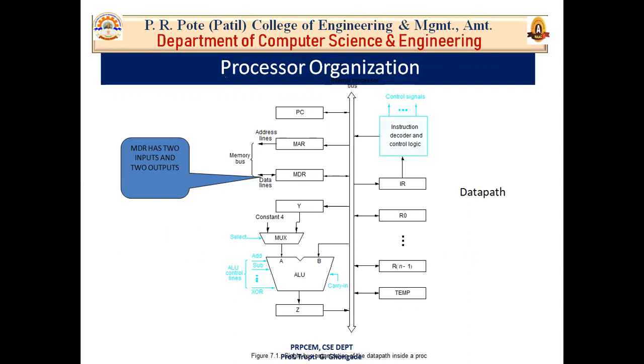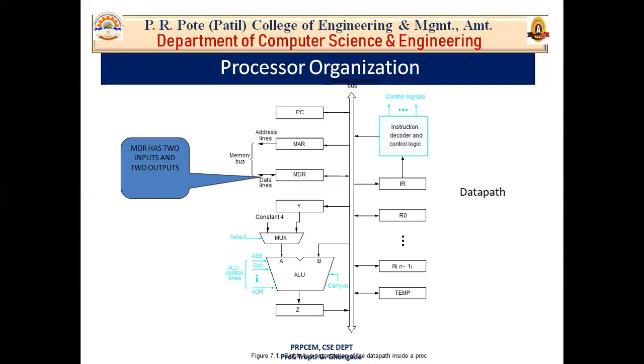MDR output lines are also connected to the memory bus and its input lines are connected to the processor bus. After that, we have some general purpose registers, that is R0 to Rn minus 1, which we are going to use in our program execution. Along with these general purpose registers, we have three temporary registers, that is register Y, register Temp, and register Z.